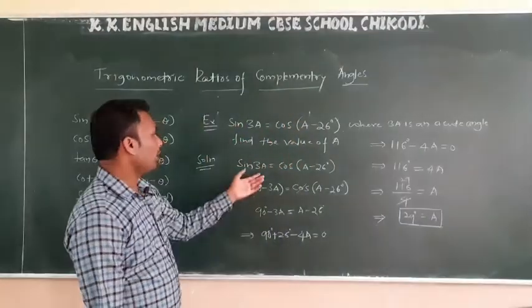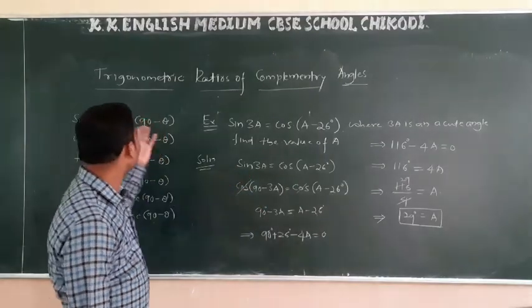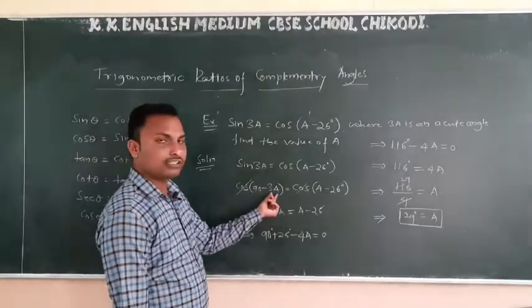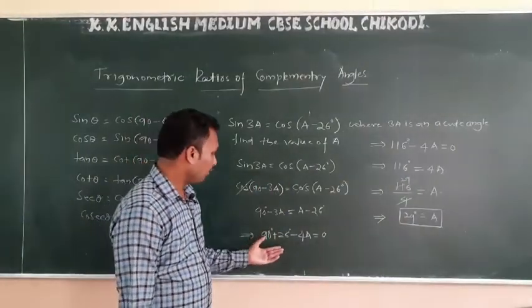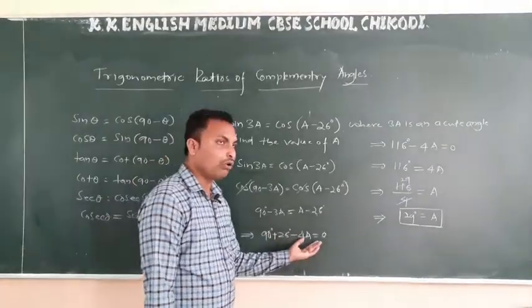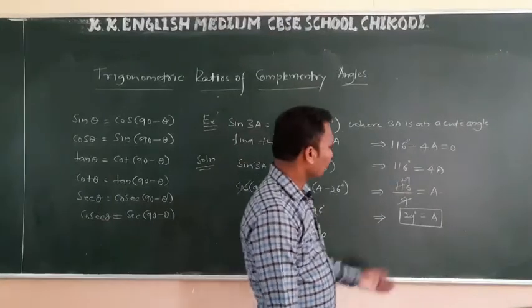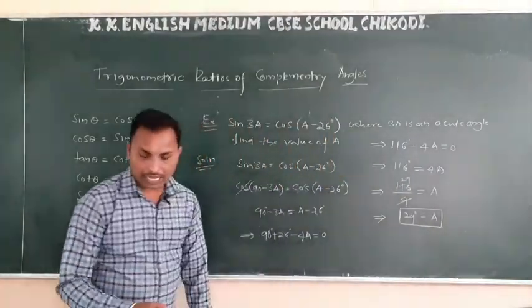Now sine of 3A is equal to, convert this side into complementary angles, cos of 90 degree minus theta, where theta is 3A. Make the cancellations and make this equation equal to 0, then we go for getting the values. And A is equal to 29 degree.